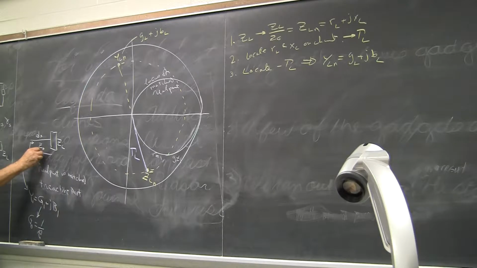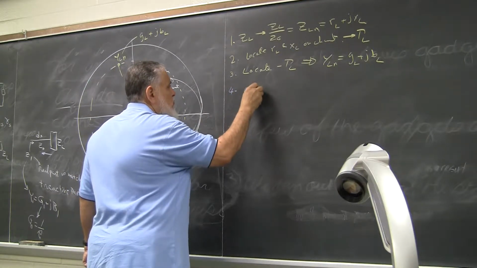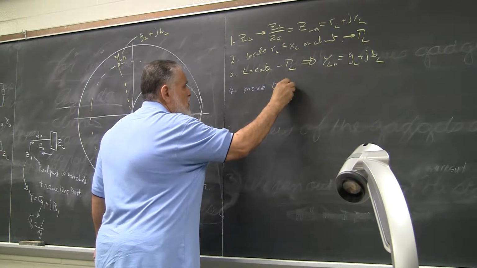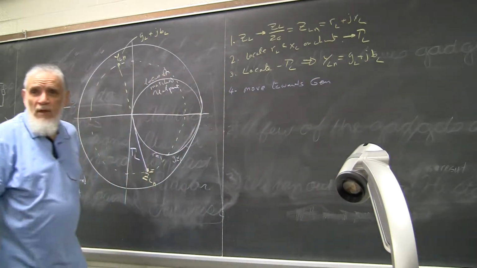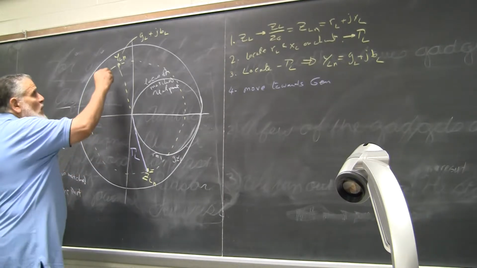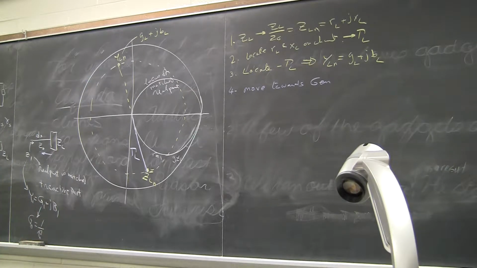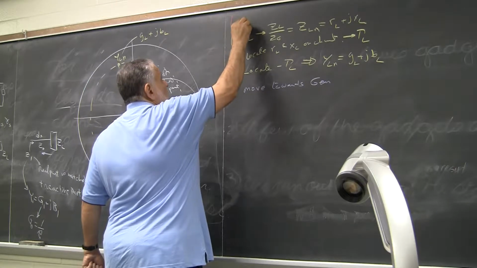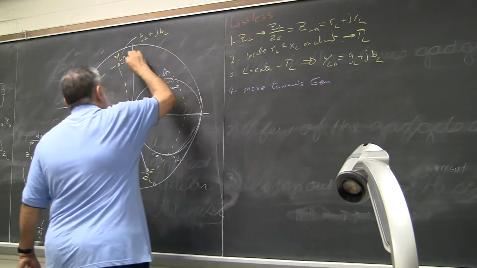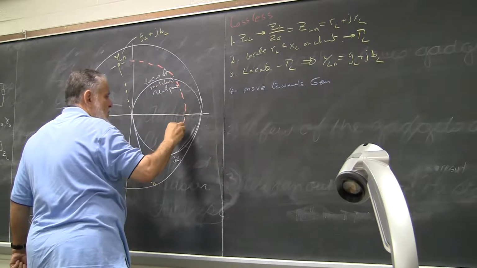Next, we move towards the generator, and that's clockwise, right? It's lossless, we are assuming lossless, so the motion is going to be on a constant radius circle. The circle would not be the same if I had losses, right?